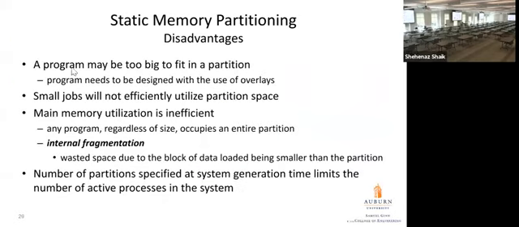Okay, so if a program is too big to fit into a partition, only a part of the process address space will be loaded into the partition, and it will make use of this concept of overlays to swap in and swap out the required part of the process.